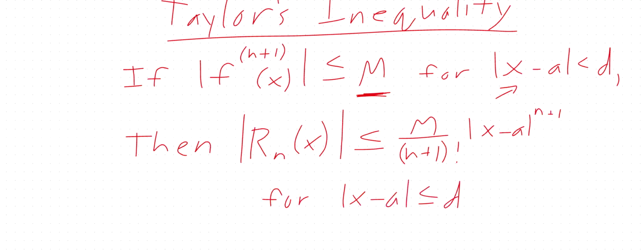And it was or equal to up here as well. Which means that our remainder is basically limited by the next derivative, or the next term really in our Taylor series.